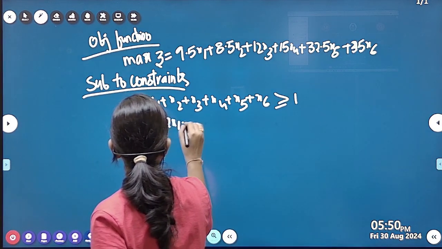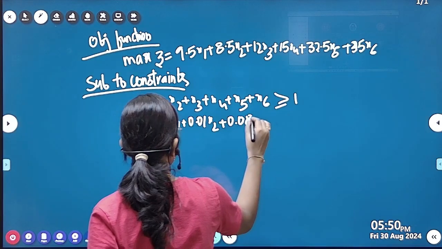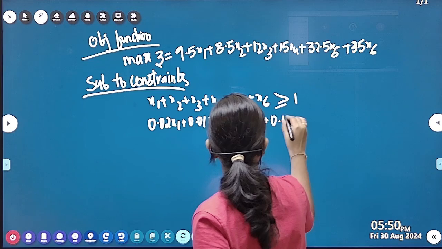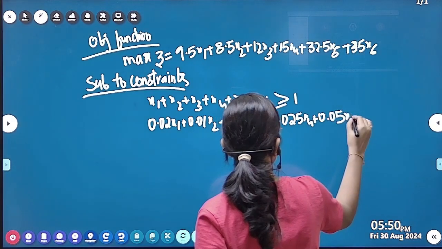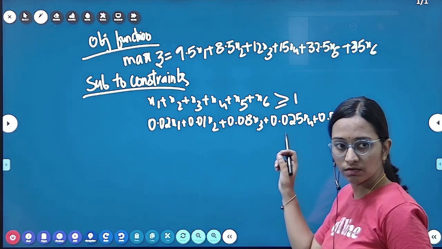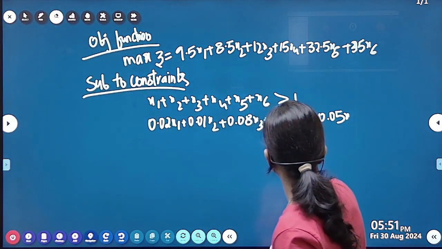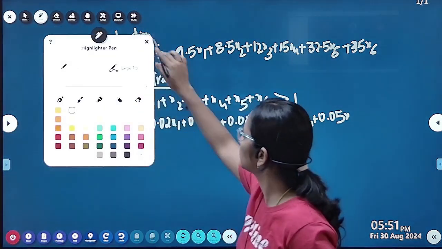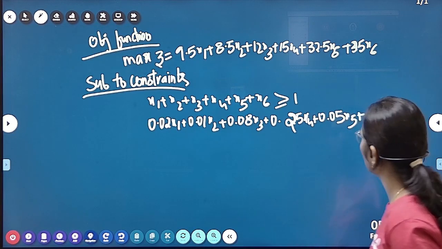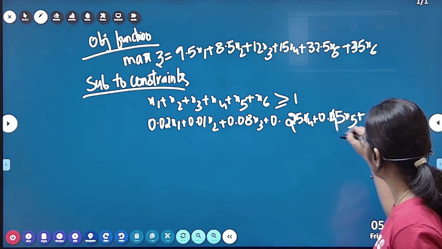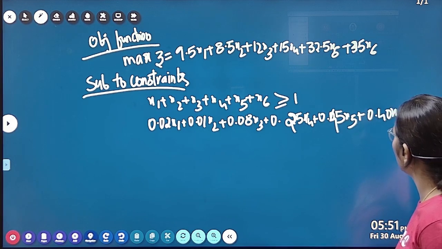So tell me, the weighted average risk factors, how much? 0.02x1 plus x2 plus, 0.025, no, 0.25x4. This is 45. Okay, point x6.